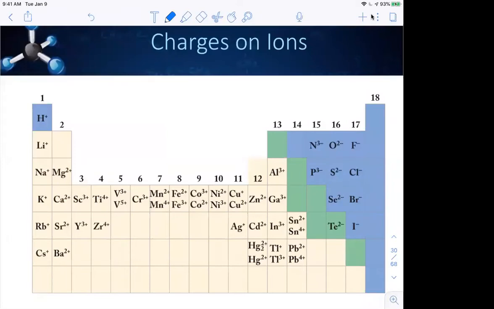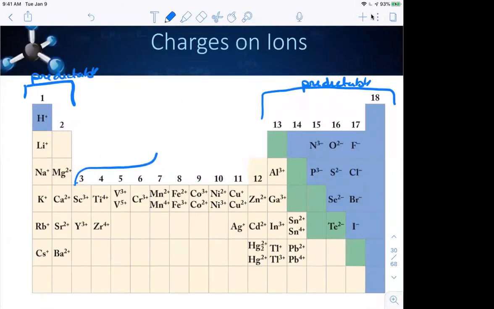Remember, the charges on the representative elements, which are the first 2 columns and the last 6, are predictable.